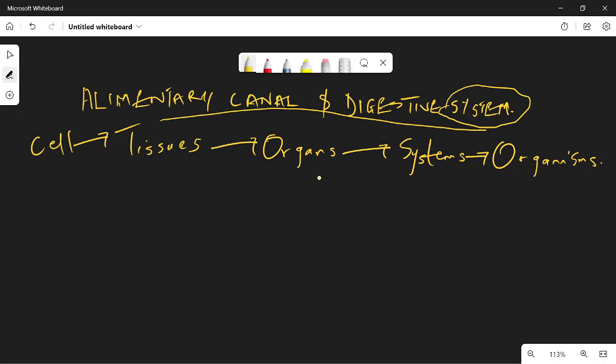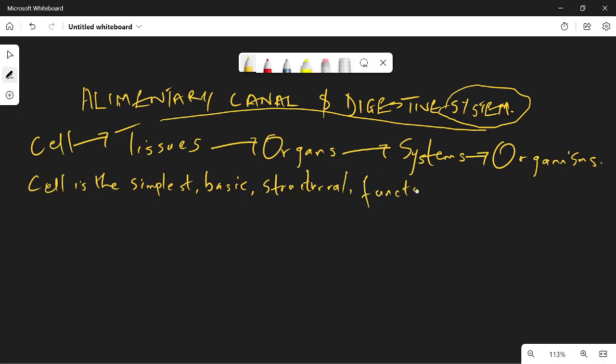Now, what do we mean by system? Let us quickly take a rundown of it. The cell itself is referred to as the simplest basic structural functional unit of life.